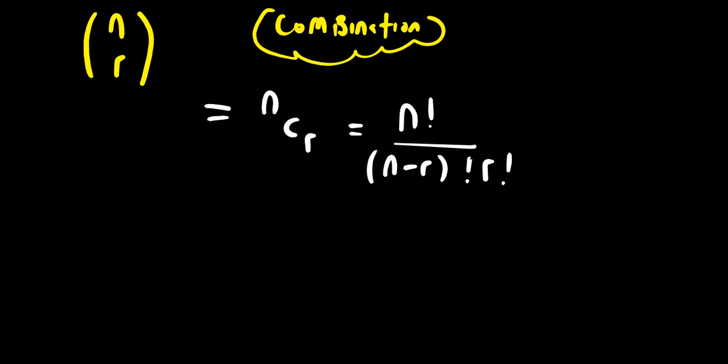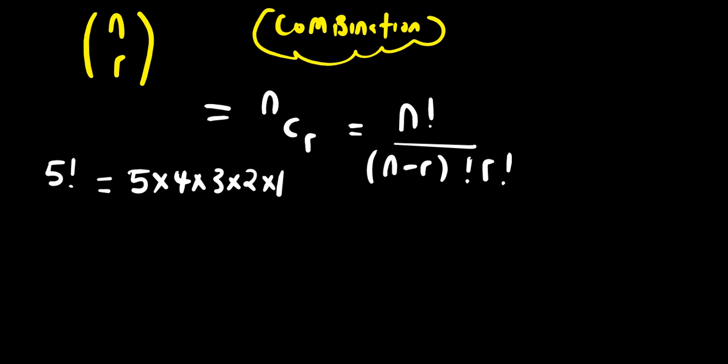Now what is a factorial? If I say 5 factorial, what it implies is that you're going to multiply 5 and go down to the smallest numbers. So that would be 5 times 4 times 3 times 2 times 1.